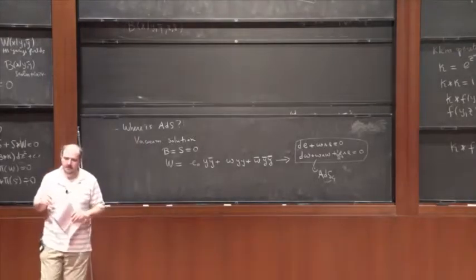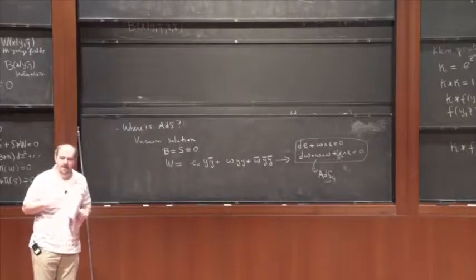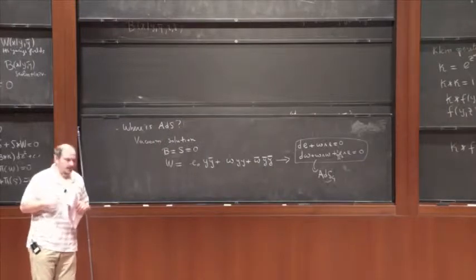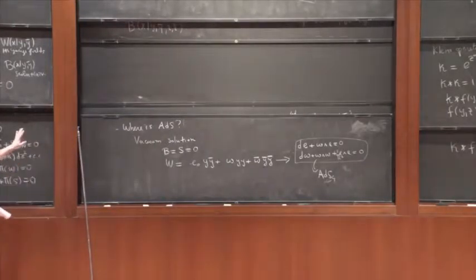Yes? The formulation of this theory requires twistor variables, which only exist in certain space-time dimensions. Is the purpose of it just to impose the tracelessness condition automatically, or does this formulation only exist in certain dimensions? This exists only in 4 dimensions, but there is a formulation in general dimensions. I'll mention it a little later.